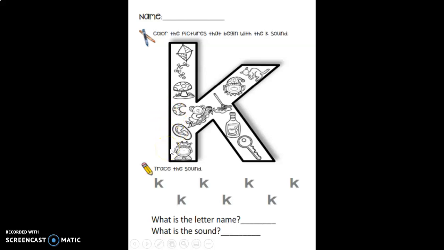That's what it looks like. Queen. Koala. Mop. Clown. Kangaroo. Ketchup. Key. So circle the ones that start with the letter K. And if you don't know which ones start, name them. And if you hear the sound K, that means it's with the K.